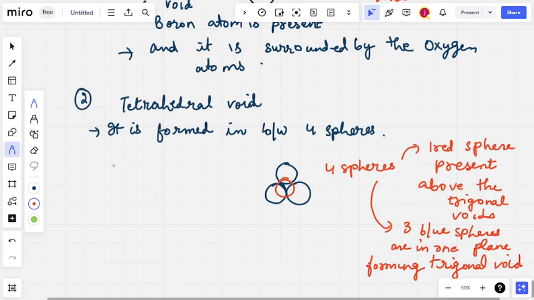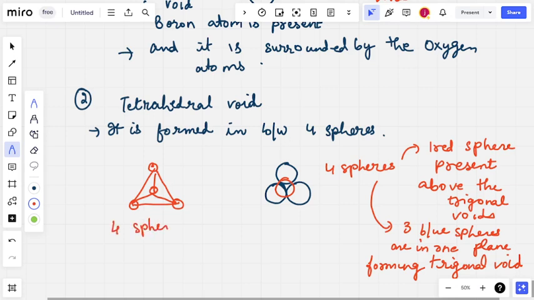So what I am saying is, these four spheres appear to be present at the four vertices of a tetrahedron.